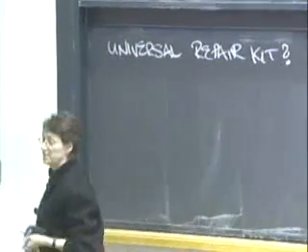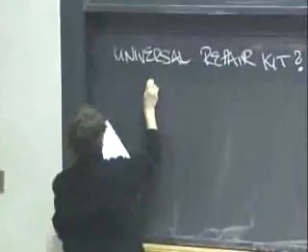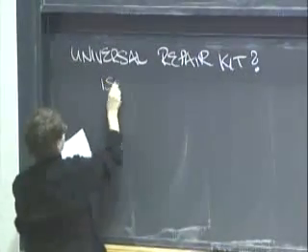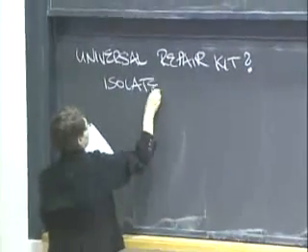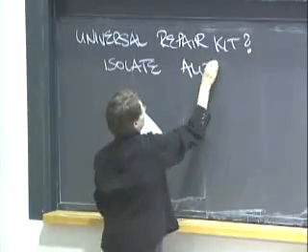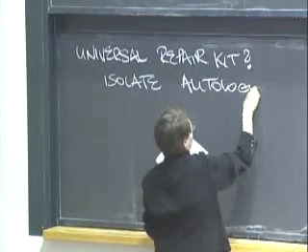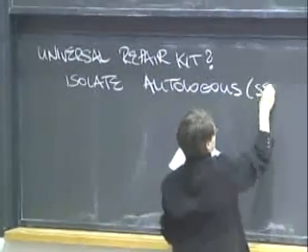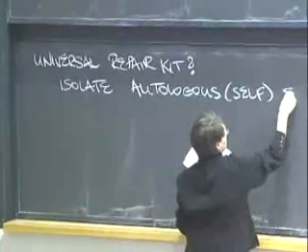And the idea is this, that one could isolate some kind of magic stem cell, and it would be autologous, which means it would be matching your own cells. Okay, so you isolate some kind of autologous, self-matching stem cell.